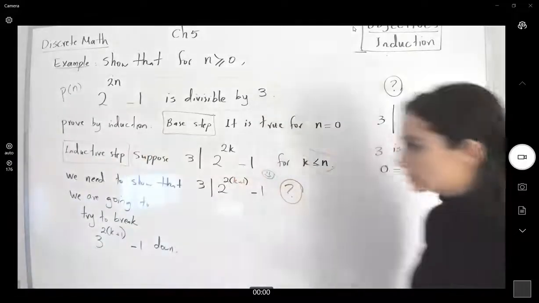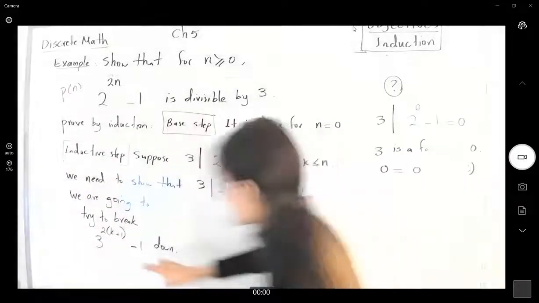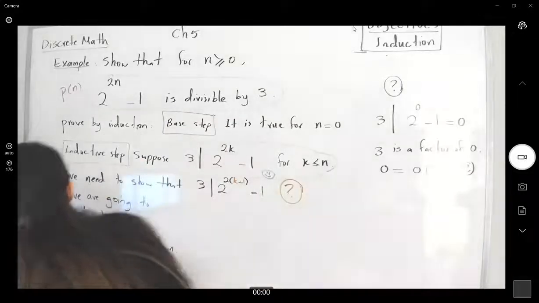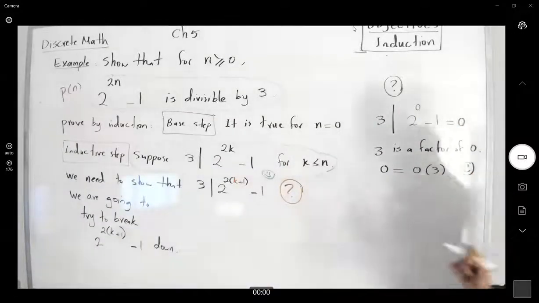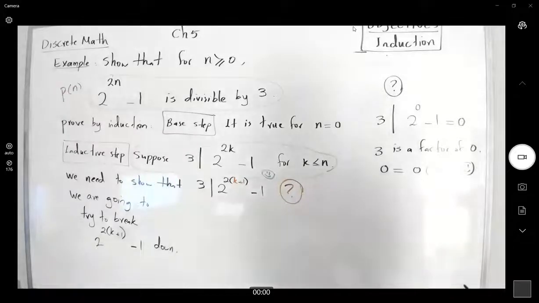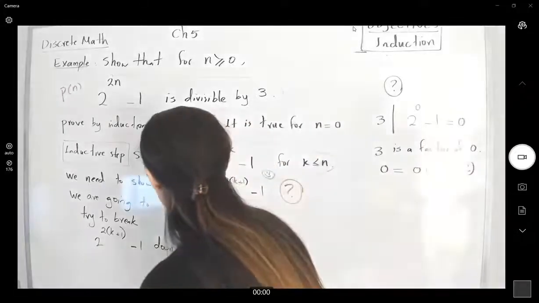So how do we do that? So this is 2. I'll keep writing 3. So what I'm going to do, I'm going to write this way.